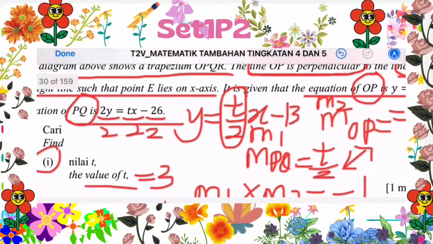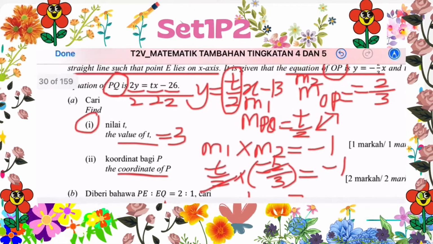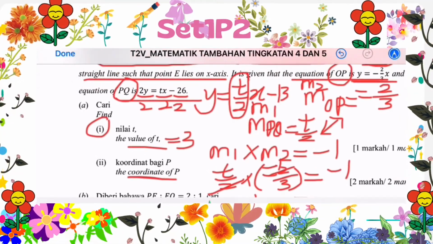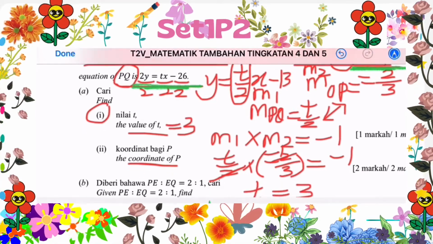Now let's solve it simultaneously. So in order to find the point P, we will take this equation and this equation, and then we will solve.